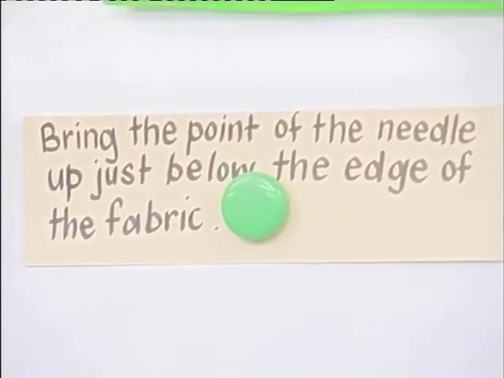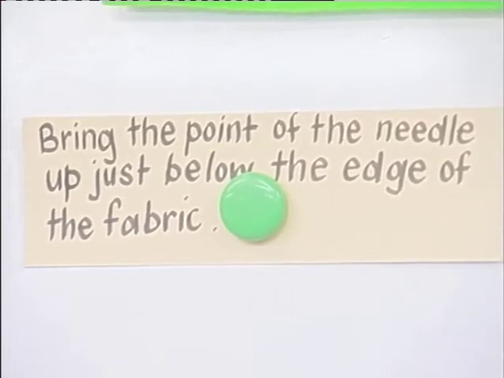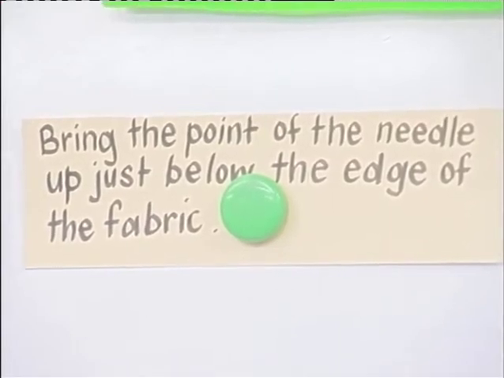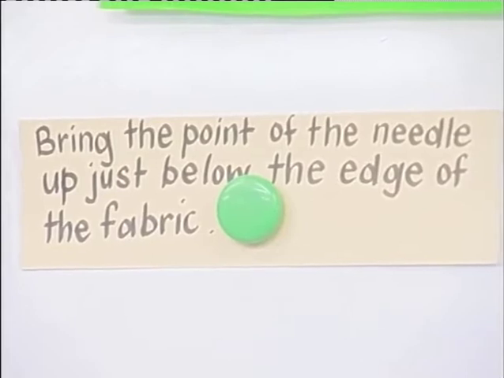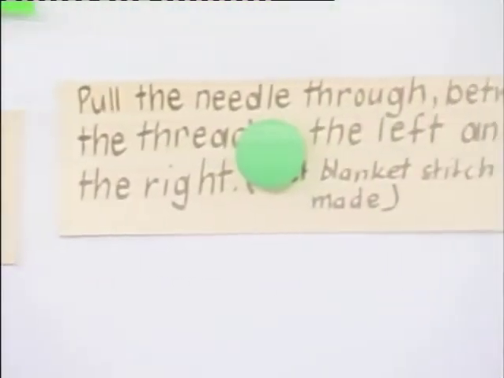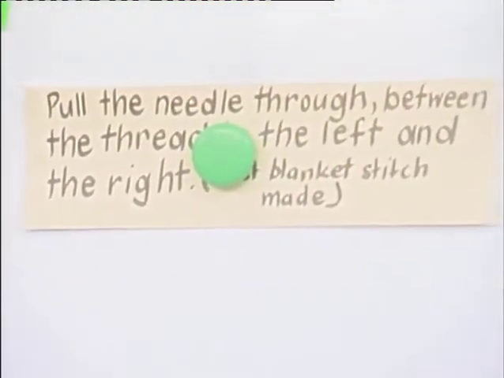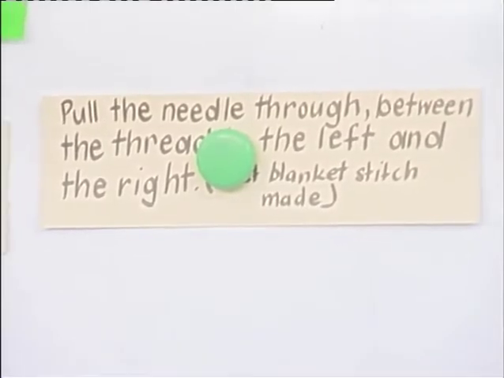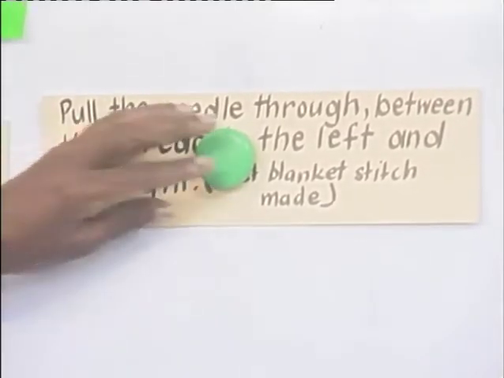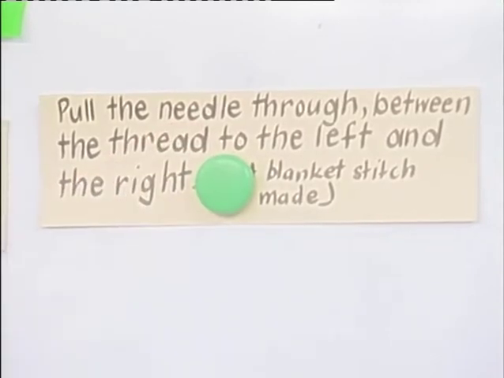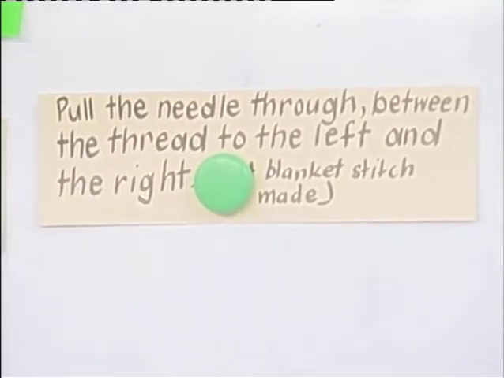Third step: bring the point of the needle up just below the edge of the fabric. Fourth and fifth group: move the needle through between the thread to the left and the right.